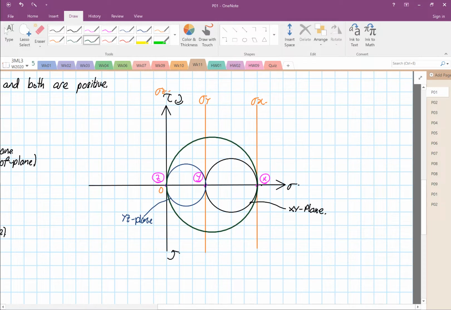Alright, so it touches Z and X, so this belongs to the ZX plane. Okay, so what we can see down here now is this height over here that I'm drawing now, right?